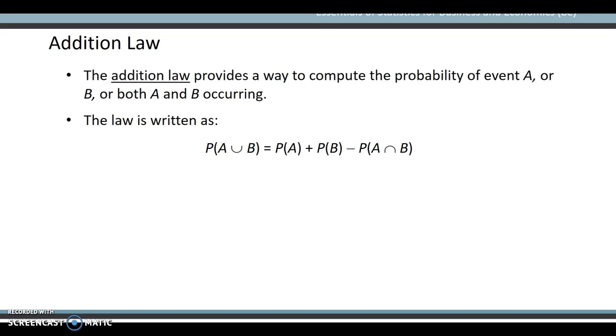Now we're going to look at some laws. The first one is the addition law. Addition law provides a way to compute the probability of event A or B or both.